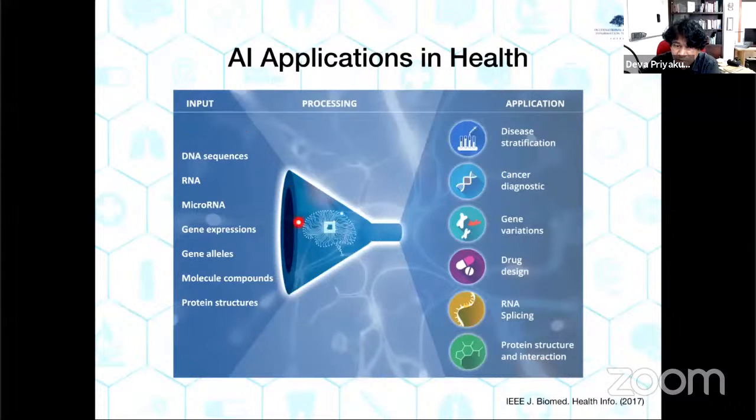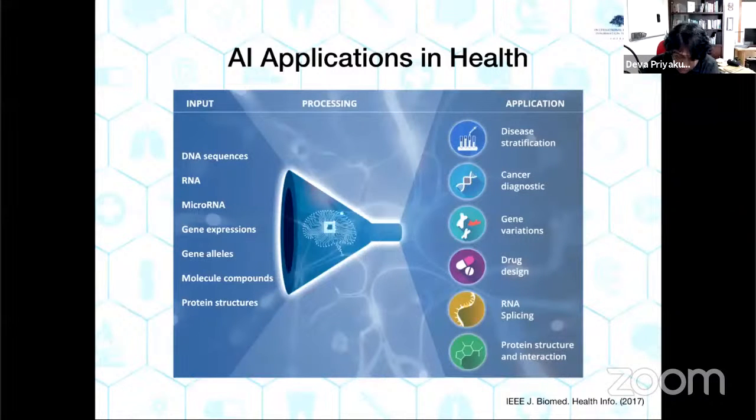For example, the DNA sequences, the genome, the transcriptome, the protein structures, and small molecules. These are some of the data that is relevant for healthcare.